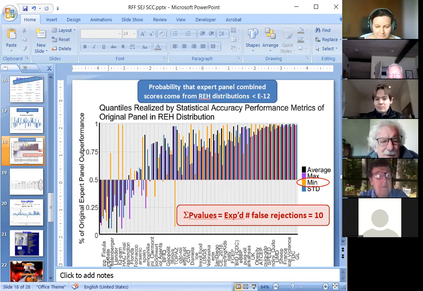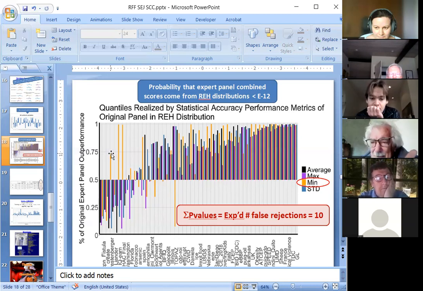So let's look at this one here. For example, this is Gerstenberger's study on the Christchurch earthquake. And this says that 75% of the minima in the scrambled panels were better than the minimum in the original panel, right? That only 25% of the scrambled guys did even worse in the minimum than the original minimum, right?